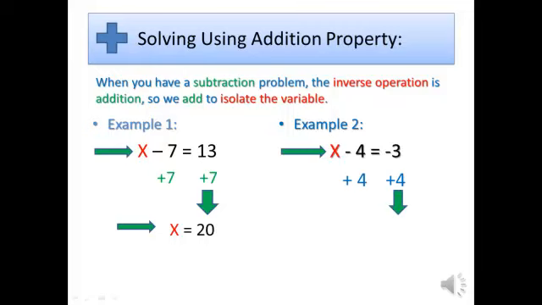Negative 3 plus 4 is positive 1. So our answer is x equals 1. Remember, when you have a subtraction problem, the inverse operation is addition, and so we add to isolate our variable. In both of these examples, we simply added, and then we received our answer.